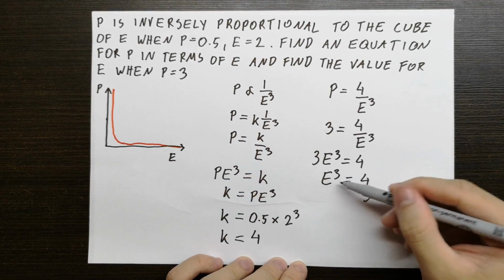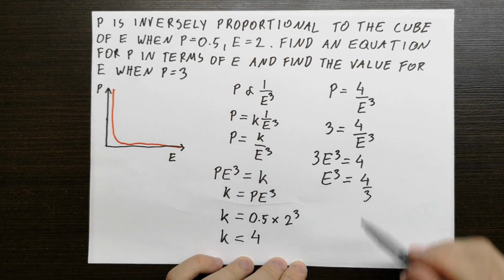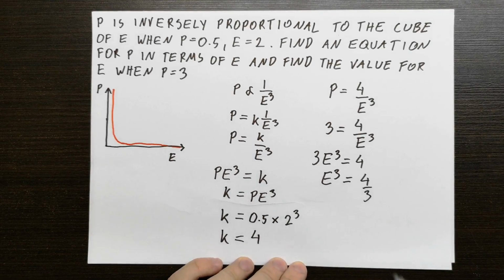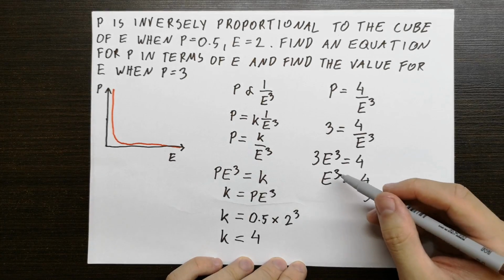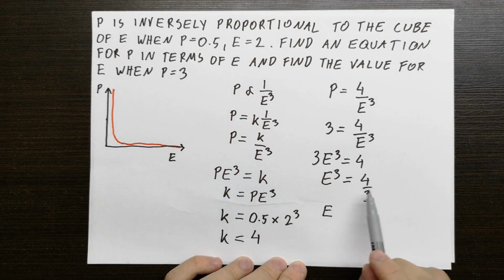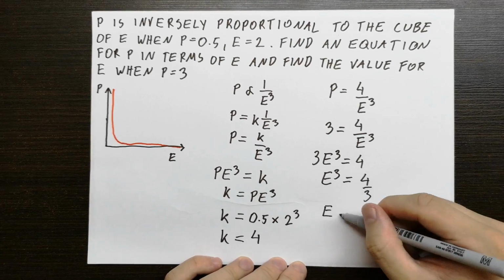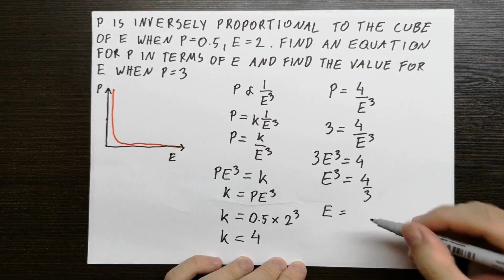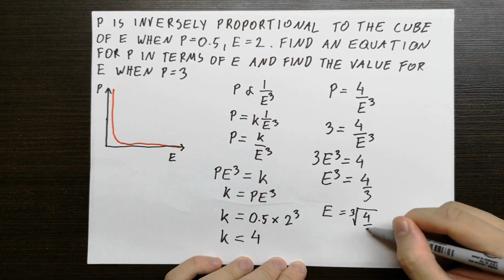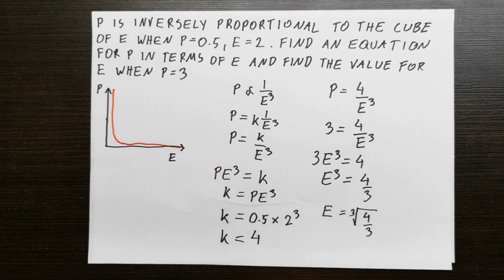And now the final thing is we need to get rid of that cube. So we are just going to put a cube root on both sides. If we put a cube root on here, we simply get E. And if we put a cube root on here, we will get the cube root of 4 divided by 3. And that is our answer, guys.